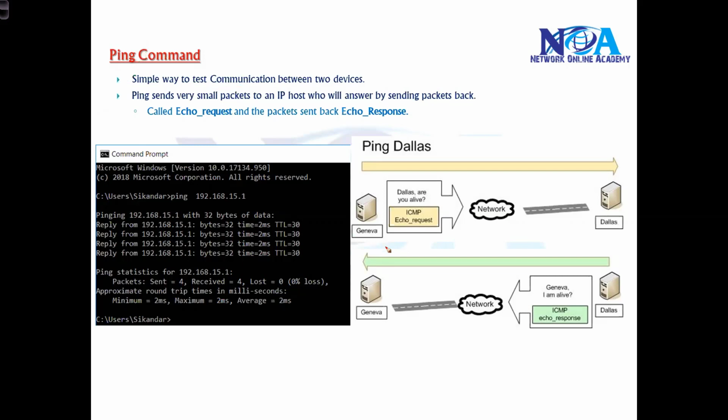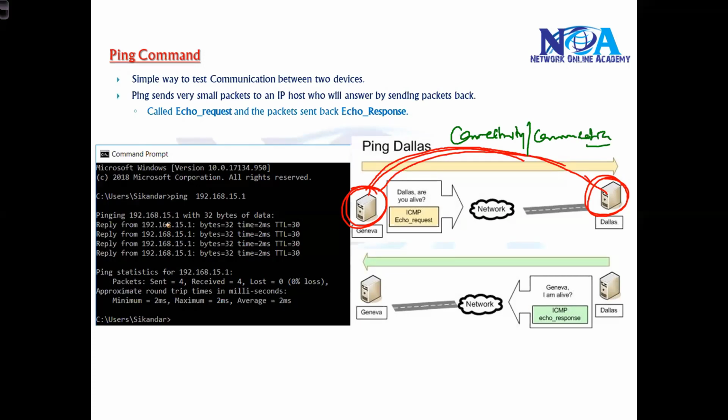Take an example. Let's say I have a device here, and I want to see whether these two devices are able to reach each other or not. I just want to confirm the connectivity and the communication between them. Then we simply give a command called ping and then the IP address of the device you want to reach.